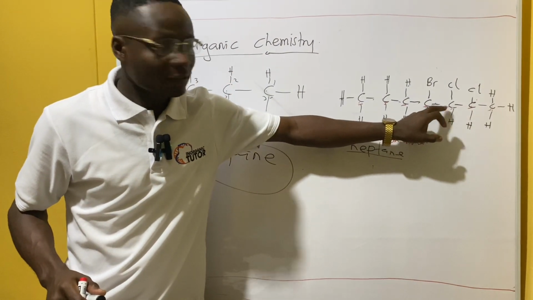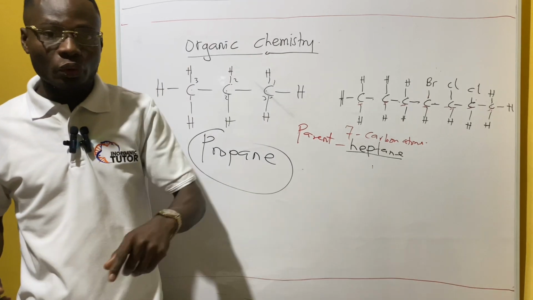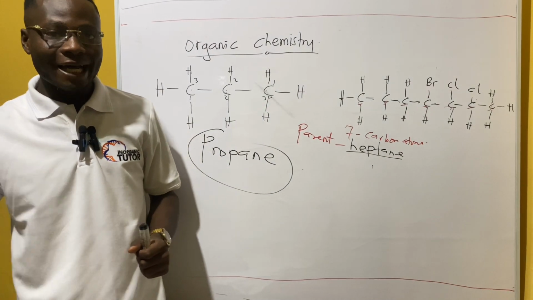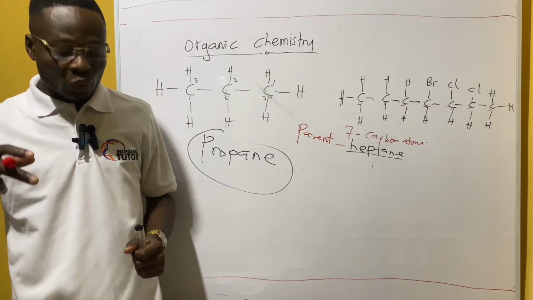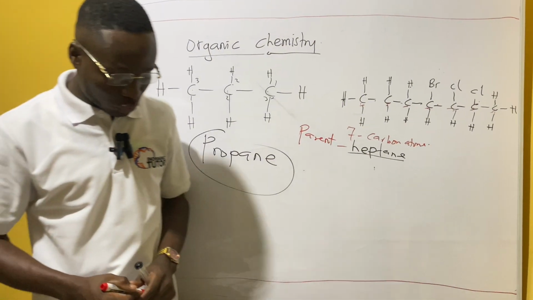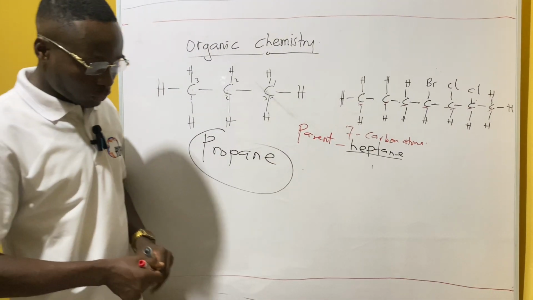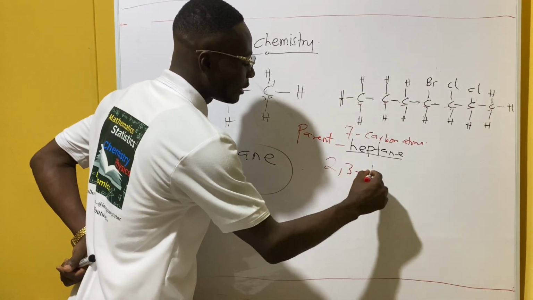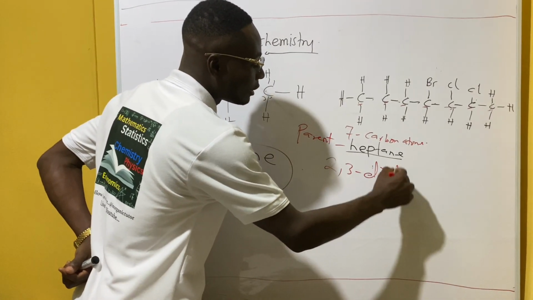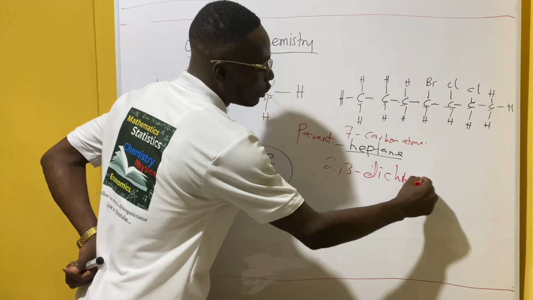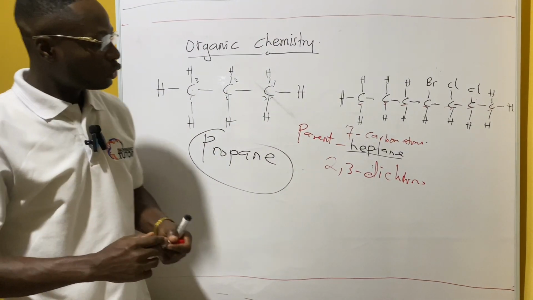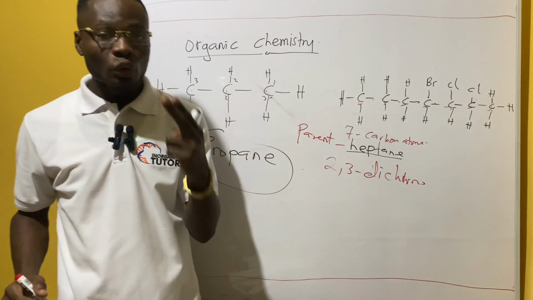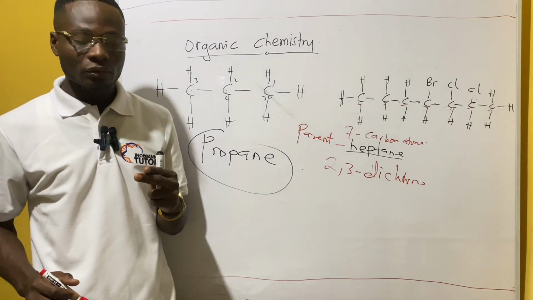So we have 2, 3 chloro, but they are 2, so we call it dichloro. 2, 3 dichloro, because we have 2 chlorine atoms.